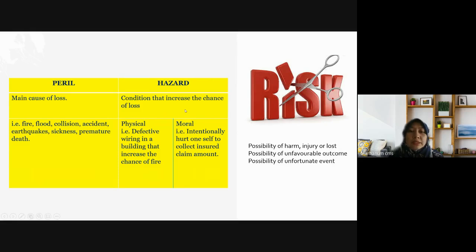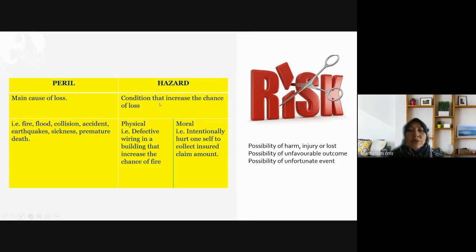So when the takaful operator receives a claims application from the customer, they will investigate what happened, what the risks are. Is it a pure risk? Did the risk happen unintentionally, or because of moral hazard?